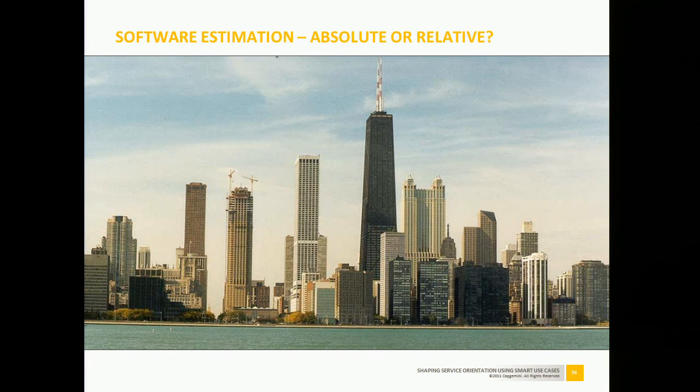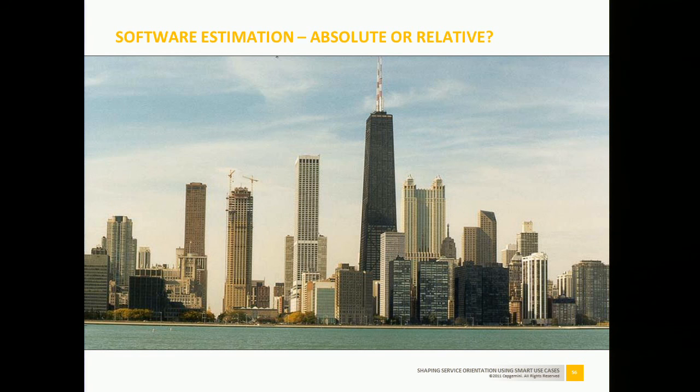But since there are a lot of these items, there will probably also be one that you underestimated. And that will sort of level out. So if you have enough items to estimate, it will level out, and it will actually be a pretty accurate number. So in use cases, my current project has over 300 use cases.